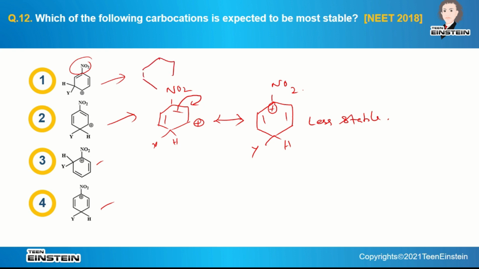Here the carbocation is at the para position with respect to the nitro group. Here it undergoes resonance where the bond goes here and forms the carbocation in the ortho position. So it comes like this.